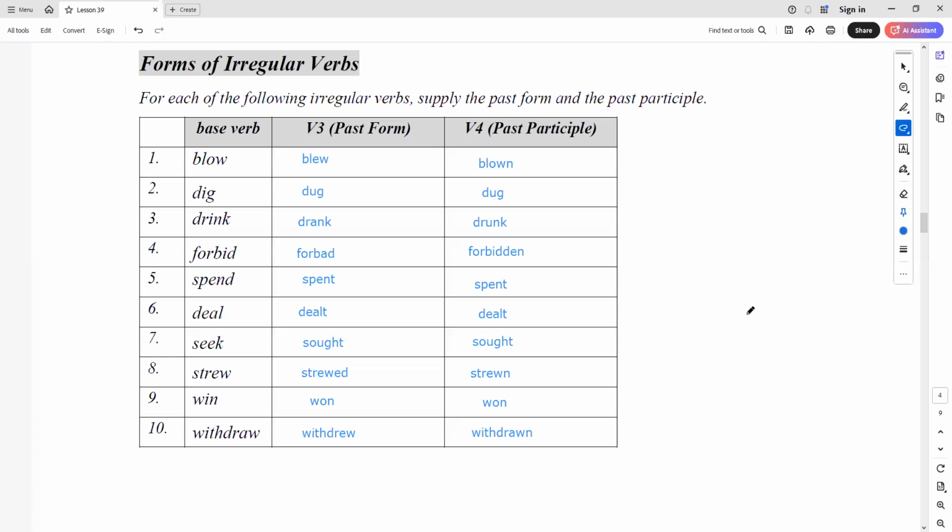Junfeng. Xiaoxin, how about Xiaoxin? Okay, Zing is still writing. Okay, Zing, okay.